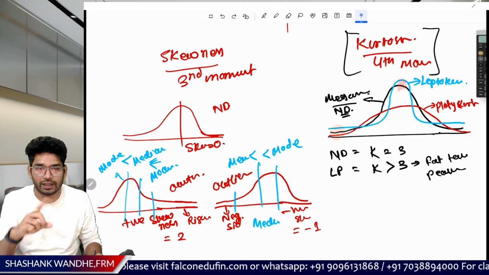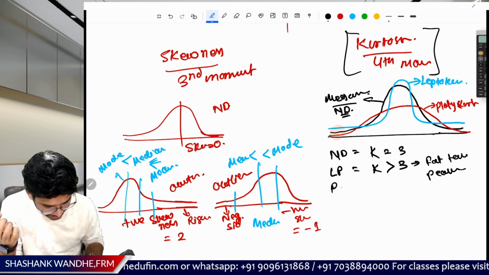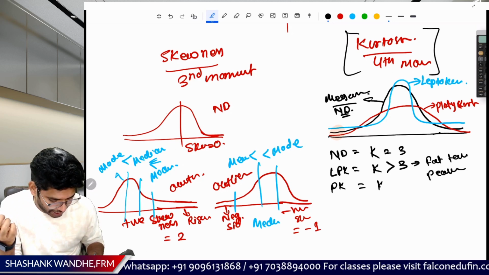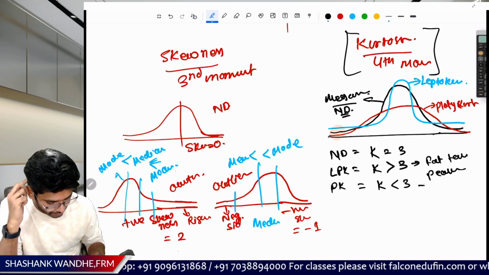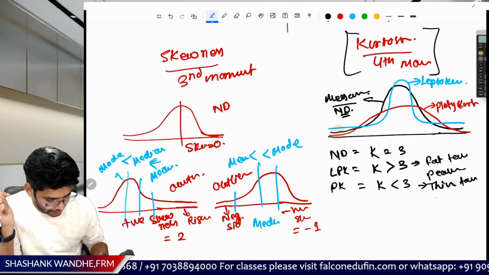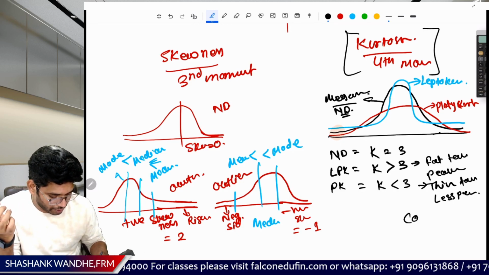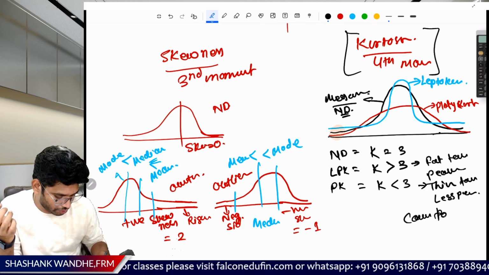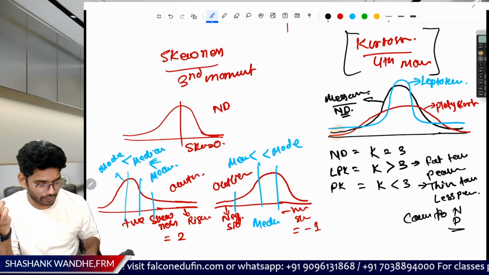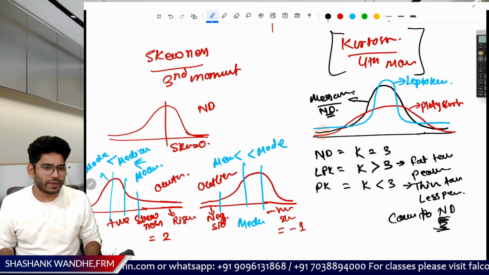Can you see, the peak is higher. Similarly, then we have platykurtic, and platykurtic will have kurtosis less than 3. That is thin tails and less peak, compared to, remember, both are compared to normal distribution. So very simple discussion.